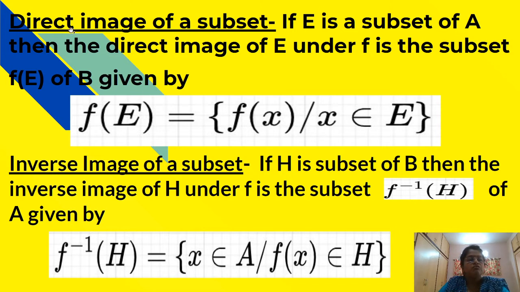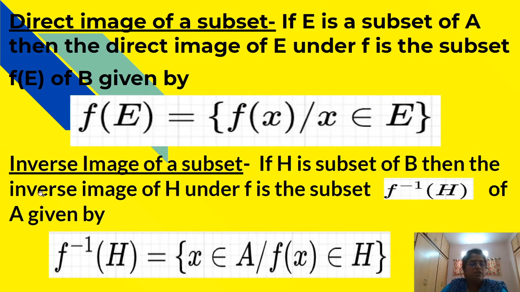Now see what is the meaning of direct image of a subset. If E is a subset of A, then the direct image of E under f is the subset f of E of B given by f of E is equal to {f of x where x belongs to E}.